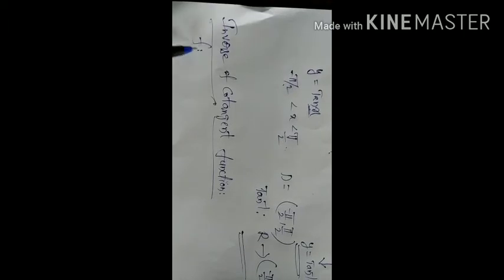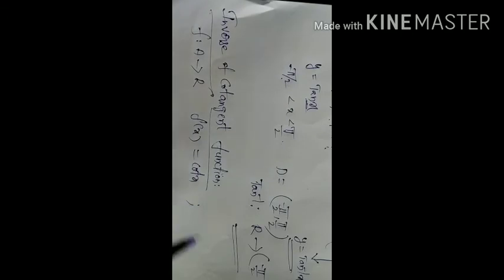Now let's see the inverse of the cotangent function. Already you have learned in trigonometric functions that the function f is defined from A to R by f of x is equal to cot x.